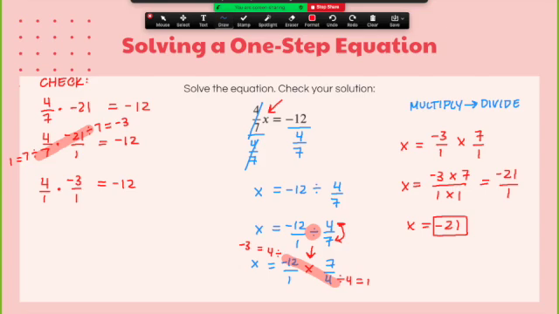Because we have negative 12 over 1, and that just equals negative 12. So we know for sure negative 21 is our answer because our check statement was correct. Cool. So this is our answer. All right, let me clear it.